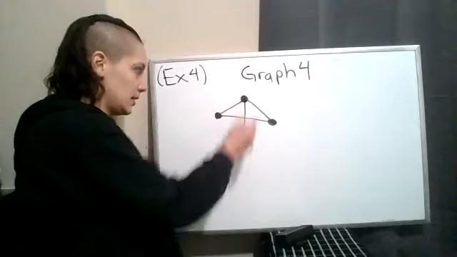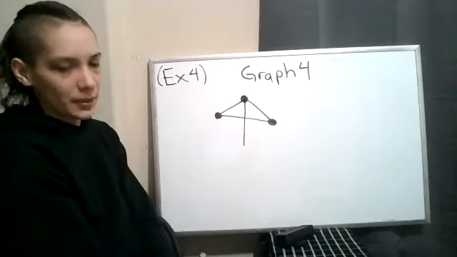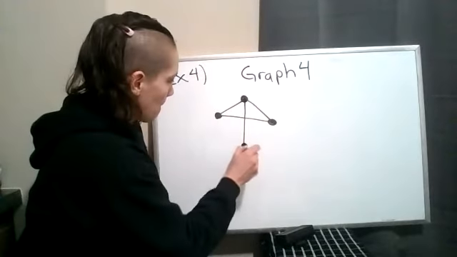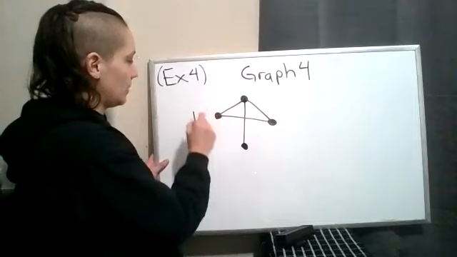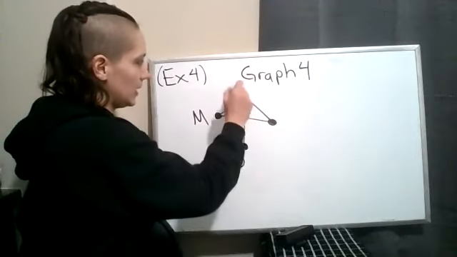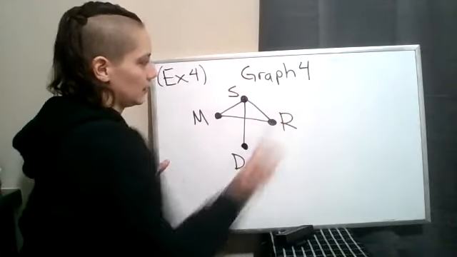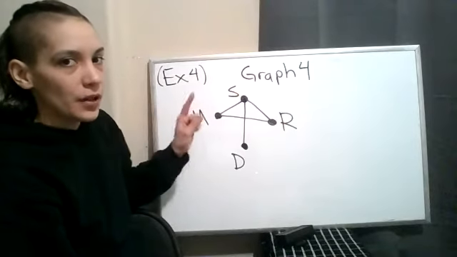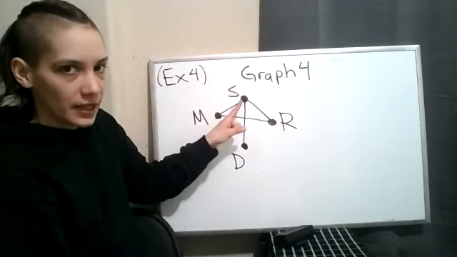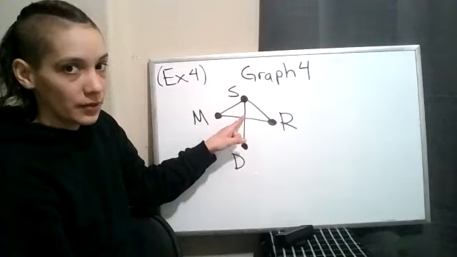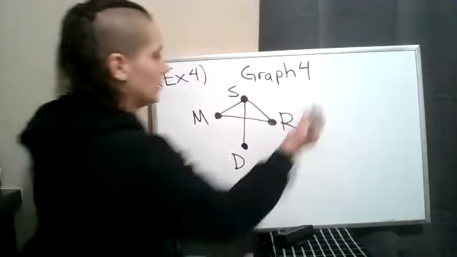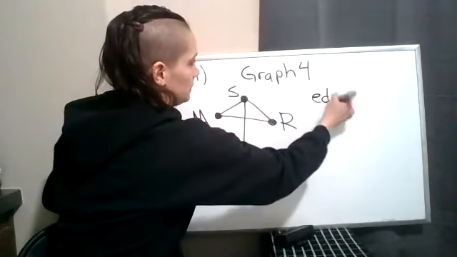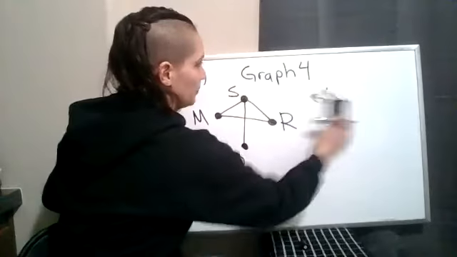It's just an overlap. Cool. M, D, S, R. So edges go from vertex to vertex, and there's no vertex right there. Let's do the vertex first.